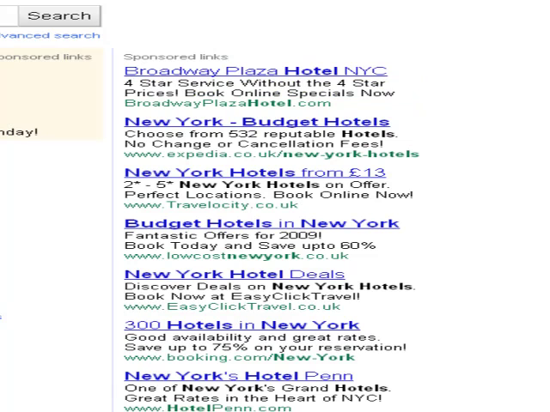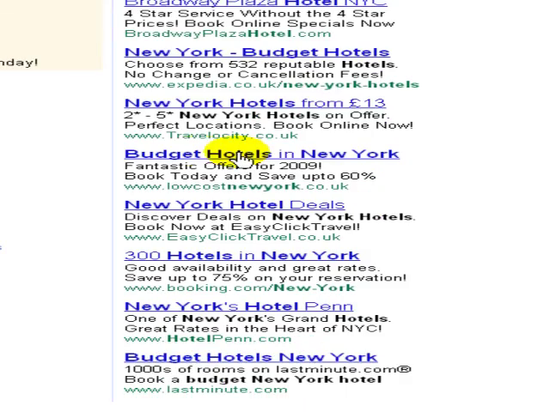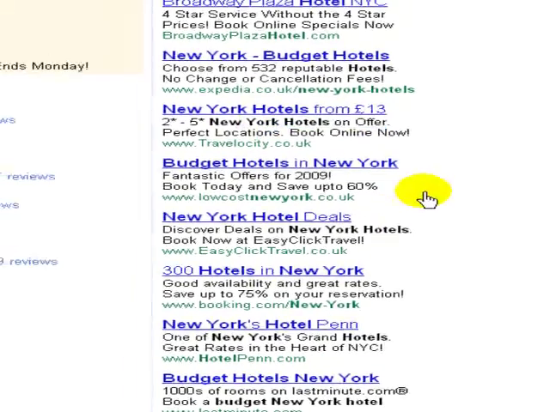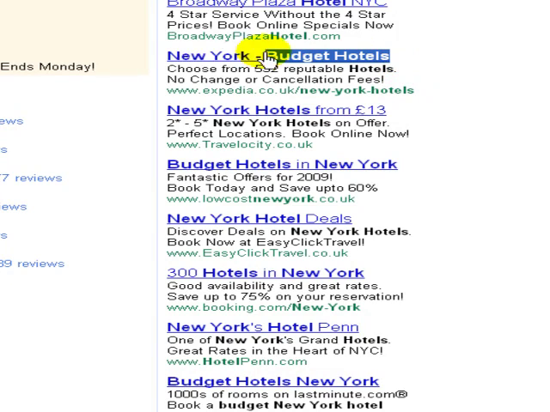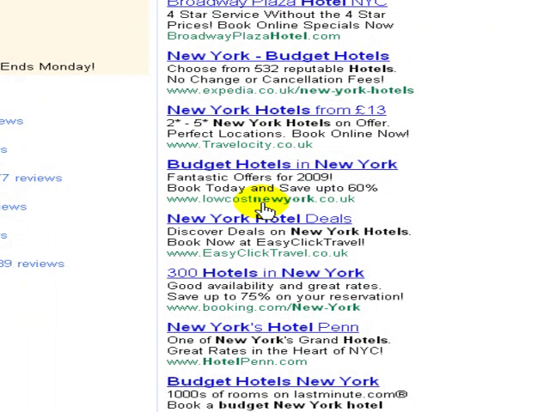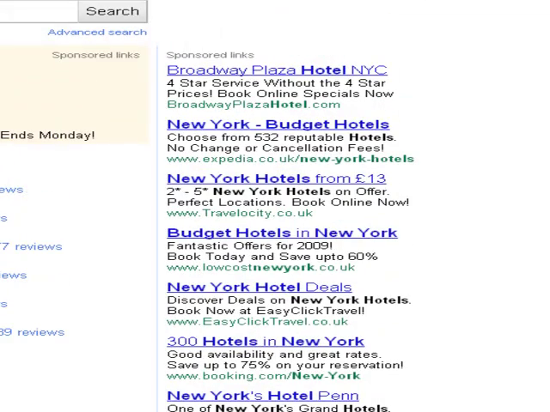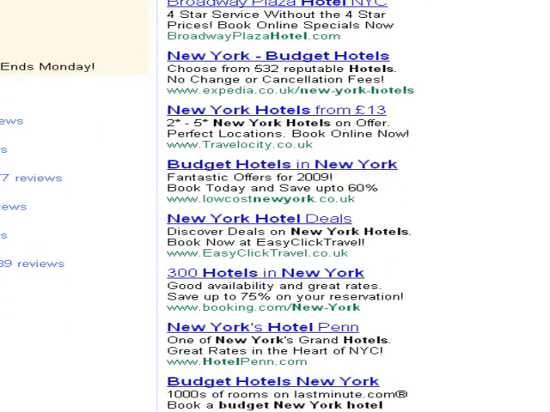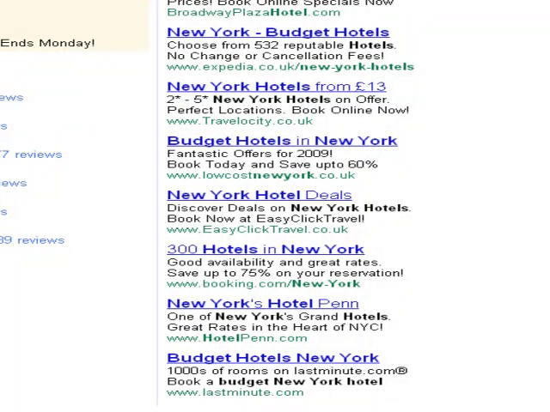This could be more like it. New York hotels from £56, which will work out at about $75. 2 to 5-star hotels, possibly. Now this is one of the money ones. New York budget hotels. That's Expedia, and budget hotels in New York. So these people are doing the right sort of thing. They're saying, "Yep, you're in my niche, and I've got something that could well appeal to you."